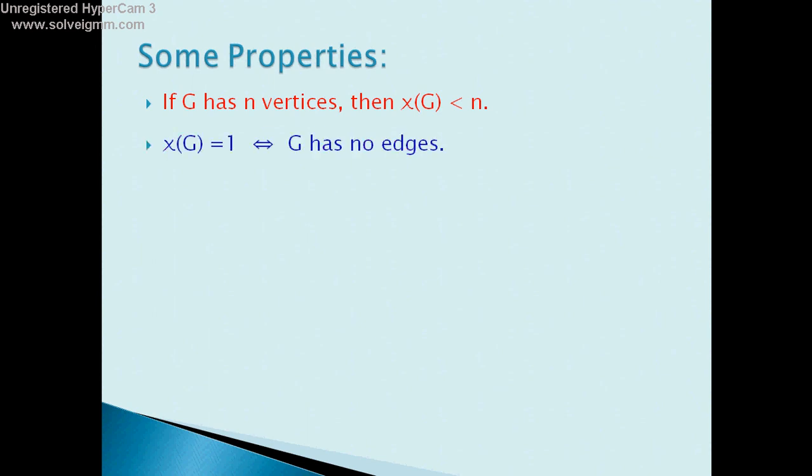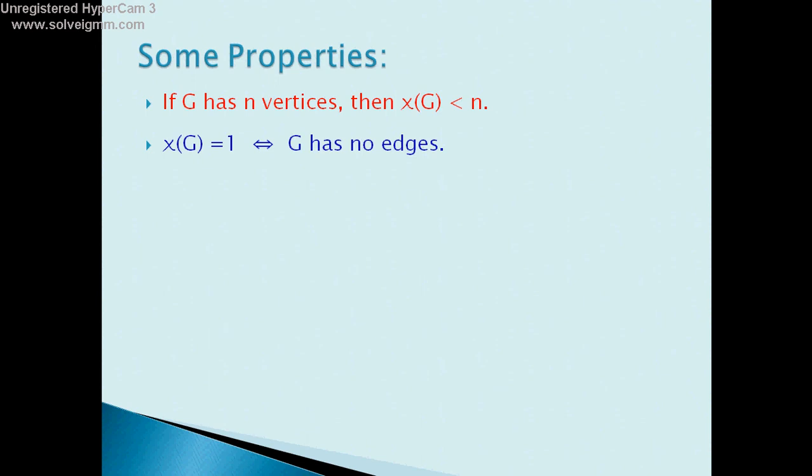The chromatic number of a graph G is 1 if and only if it has no edges. For example, if the graph has no edges, there is no problem in coloring all the vertices with the same color. But if you have an edge, you have to apply different colors to the two vertices of that edge.